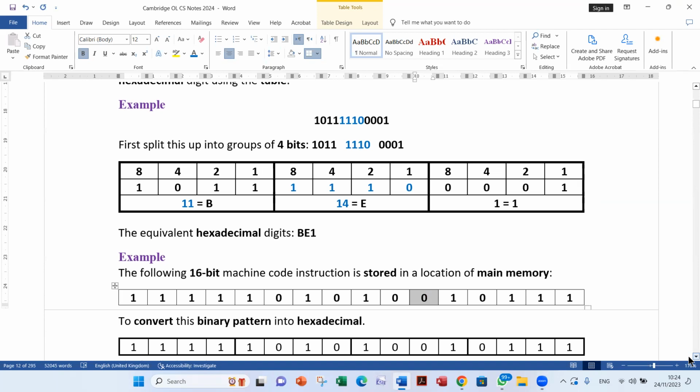You split them into groups of 4. Here I have them split into groups of 4. Convert each group individually. 16 bits will convert into 4 groups of 4. You don't need to fill with zeros.